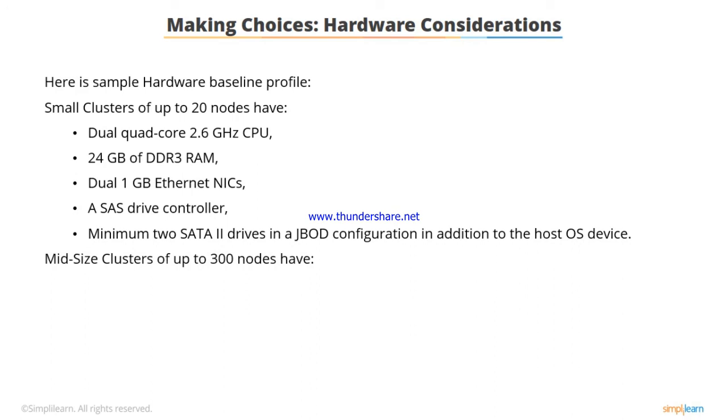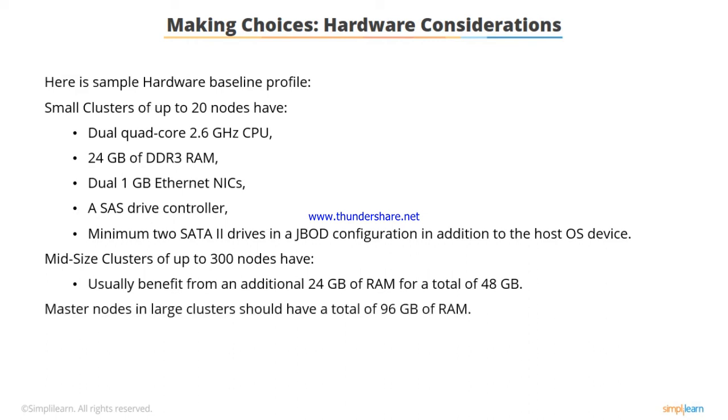Mid-size clusters up to 300 nodes usually benefit from an additional 24 GB of RAM for a total of 48 GB. Master nodes in large clusters should have a total of 96 GB of RAM. Name node stores metadata in RAM and consumes approximately 1 GB RAM for 1 million blocks.